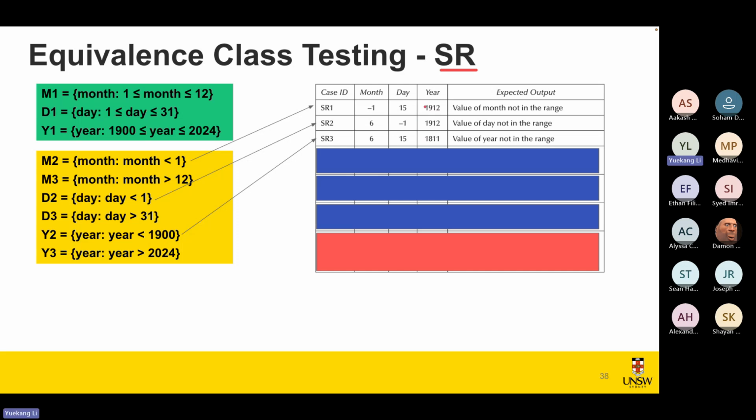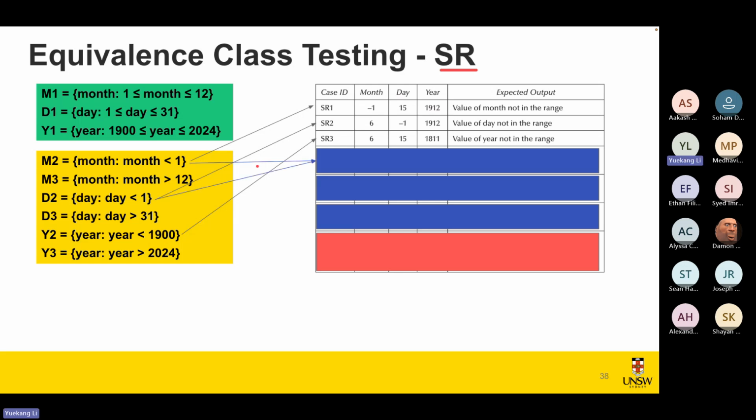And now what's next? Because this is strong robust equivalence class testing, strong means we can have more than one variable taking an invalid value, right? So this time we can combine the invalid classes.